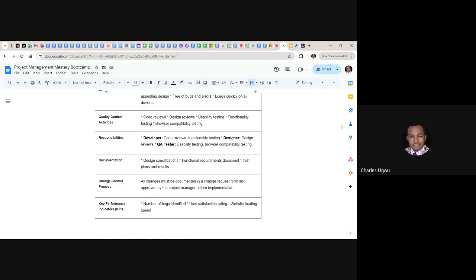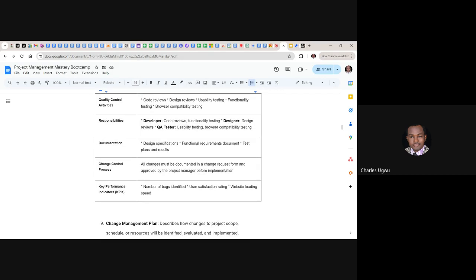And change control process. All changes must be documented in a request form and approved by the project manager before implementation. So if there is any change that needs to happen, maybe the stakeholder is requesting a change, like I said, I use a website.